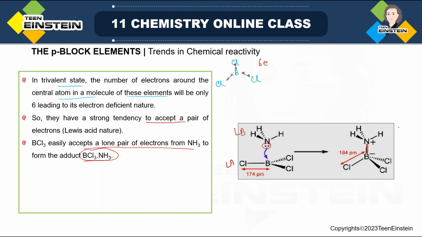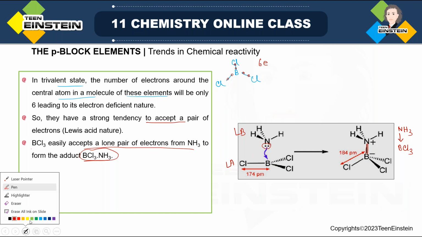In some places you can also see the bond is written in this way. So adduct. So there is an arrow as if the donation is happening from nitrogen towards boron. Now one more thing you are noticing here is that some bond distance is mentioned. Here it is 174 and now suddenly it is increasing to 184.